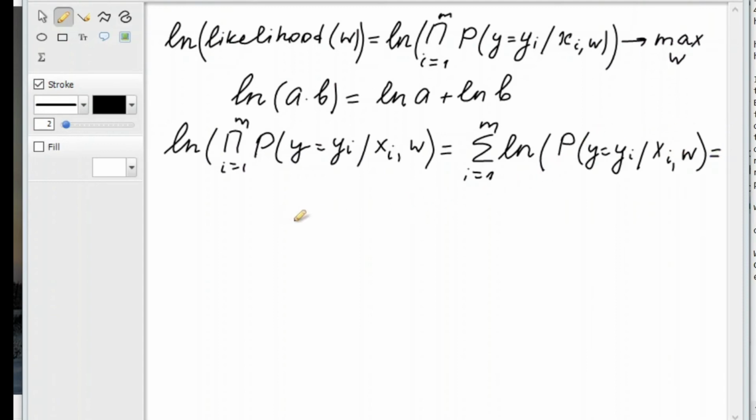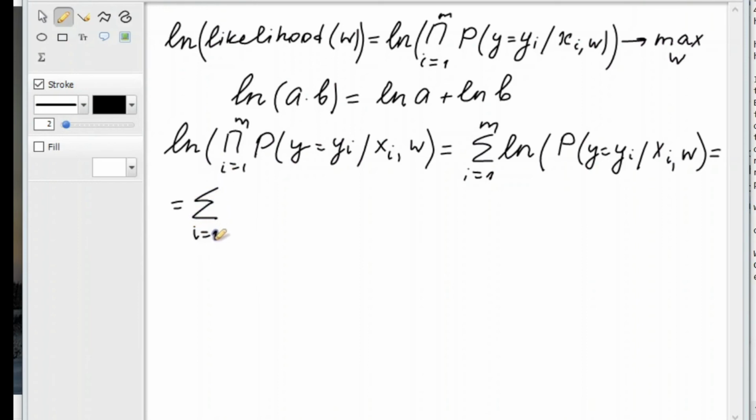Now we rewrite this expression, replacing the sigma function with its formula. First of all, we should write it using the sigma function, and then we will replace it.